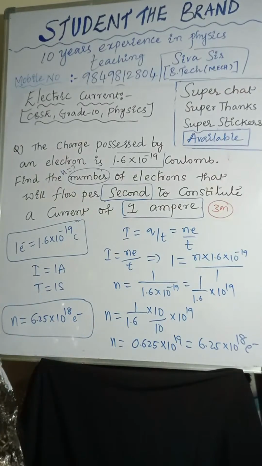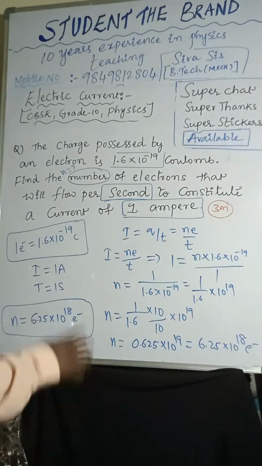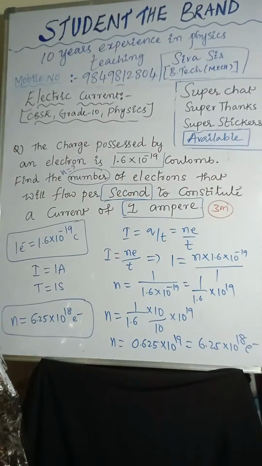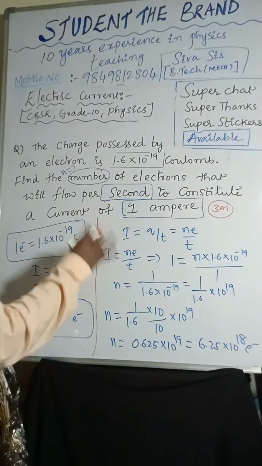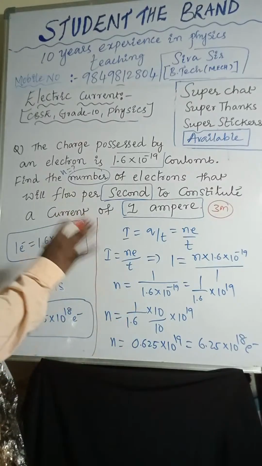Very, very important. So practice. This 3 marks question is very, very important. Be thorough with that. Definitely this type of question, either 1 mark or 3 marks, will come.